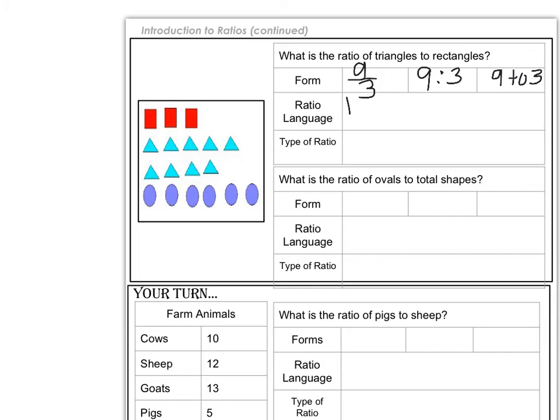So let's write that down. For every 9 triangles, there are 3 rectangles.